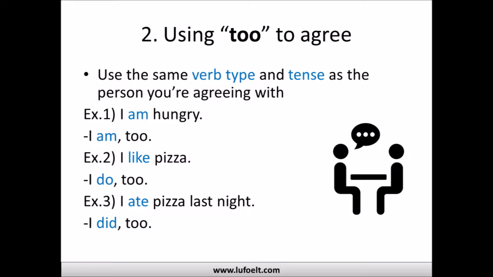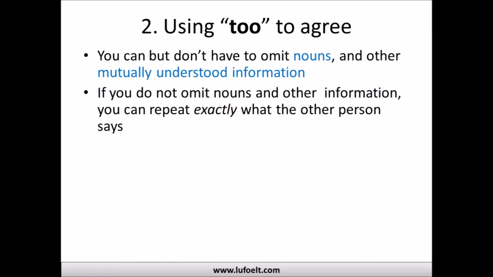Now, here's a difference between using so and too. With so, you must omit nouns and mutually understood information, but when you're using too, you do not have to get rid of those nouns and other mutually understood information. You can, but you don't have to. With so, you do have to get rid of those, okay?